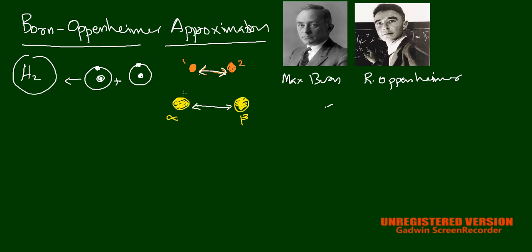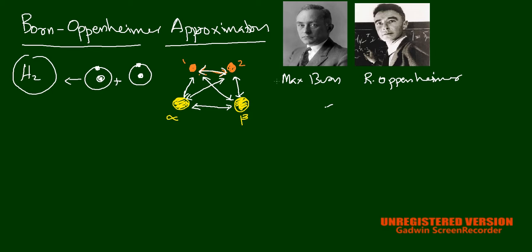Then nucleus alpha interacts with electron 1, nucleus alpha interacts with electron 2, nucleus beta interacts with electron 1, and nucleus beta interacts with electron 2. So these are the interactions possible here. This is a four particle system with many attractive and repulsive interactions.